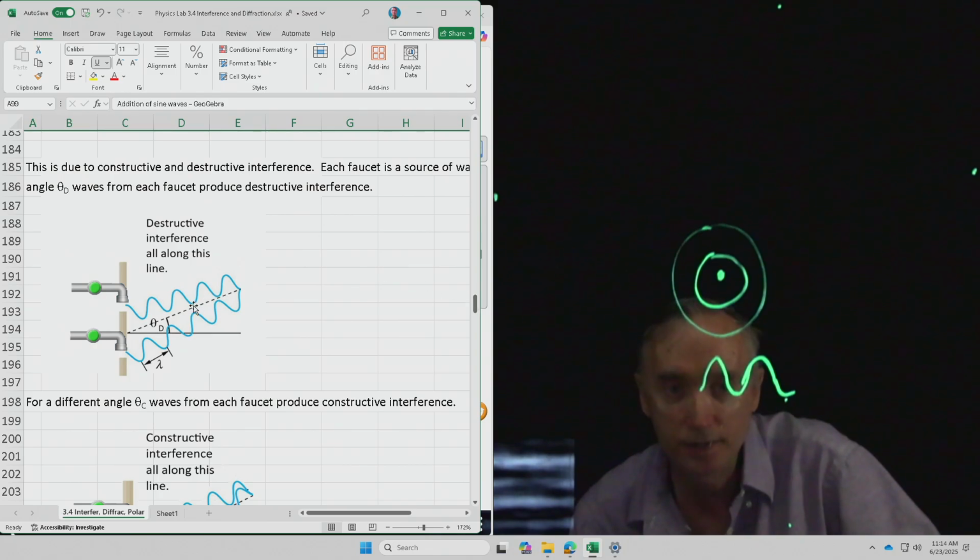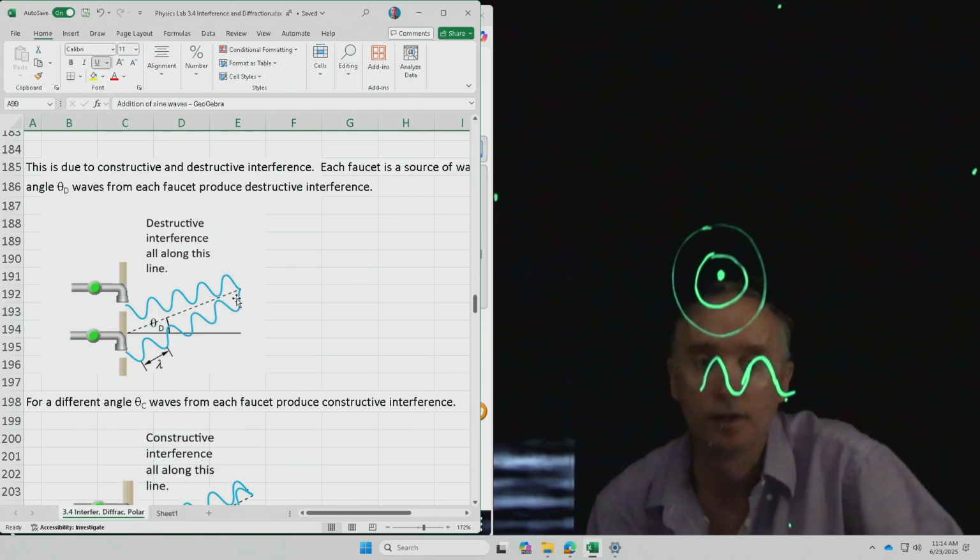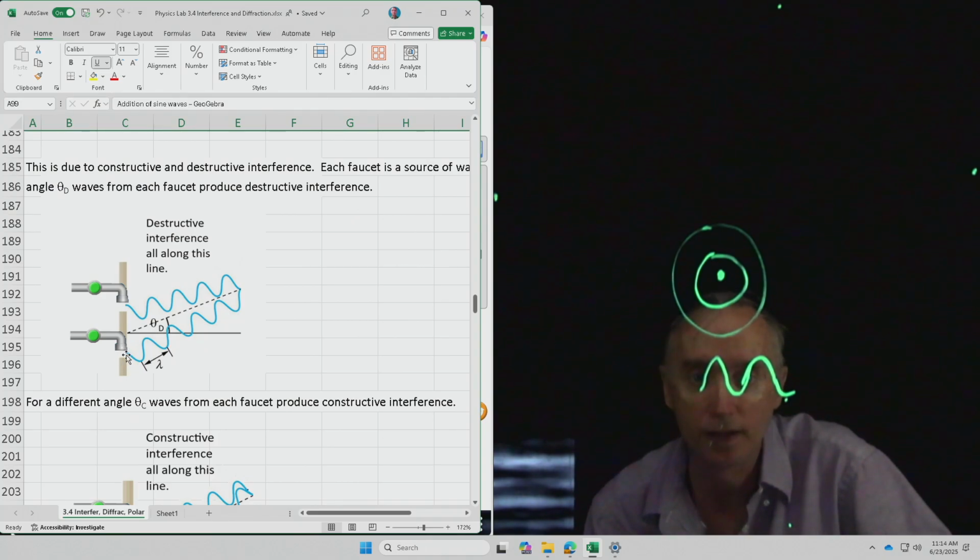Okay, now let's take a look at this one. Now, this occurs at this angle. So this dotted line here represents the midpoint. So this slit down here represents where this faucet is dripping. This slit up here represents where this faucet is dripping.